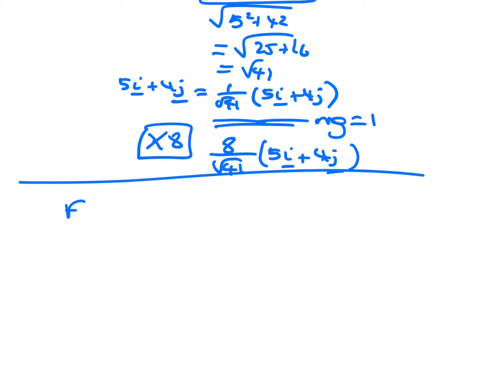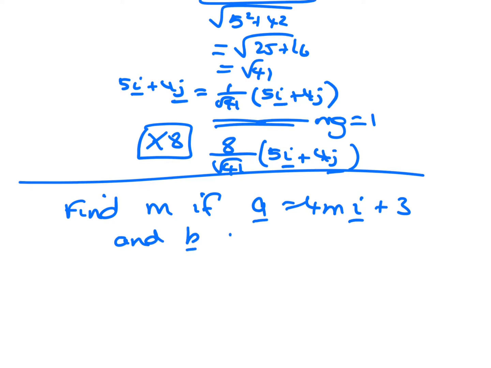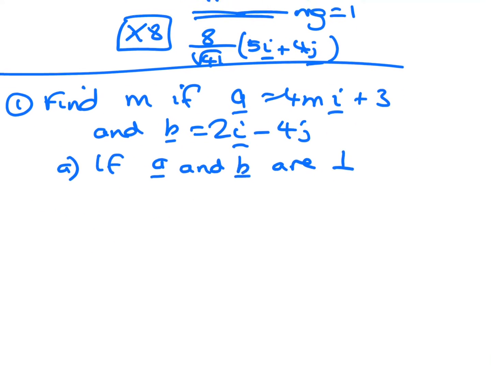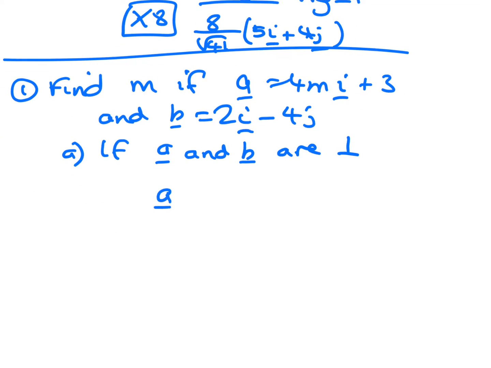Okay, just a couple of other things. Find m if A equals 4mi plus 3j, and B is 2i minus 4j. Find that if, let's just do this first, A and B are perpendicular. So what that would mean is A dot B has to equal 0.